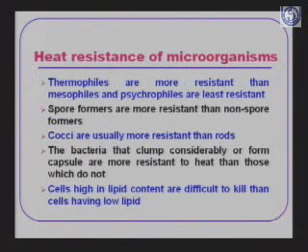Then spore formers are found to be more resistant as compared to non-spore forming microorganisms. And the cocci are more resistant as compared to rods. And it has been found that the microorganisms that clump together, or form cell aggregates, or those which have capsules around them, are more heat resistant as compared to those which do not have capsules, or do not grow in clumps.